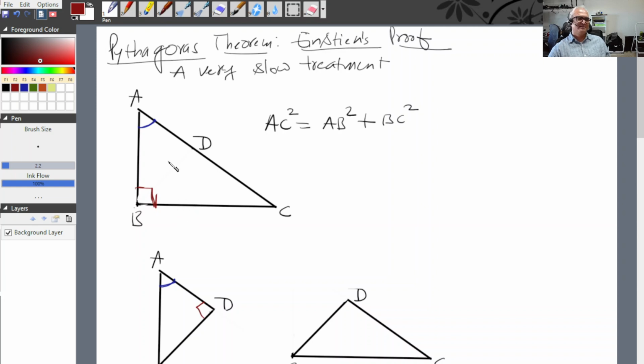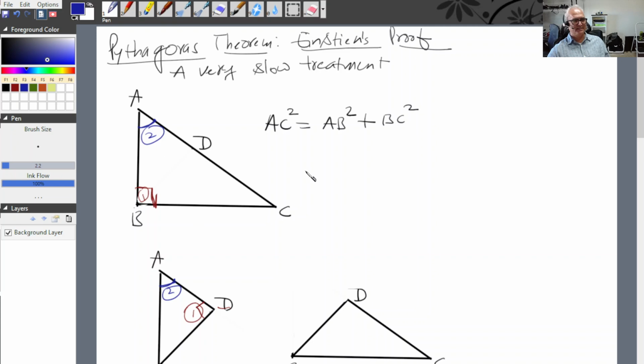So now let's look at the triangle ABC and ABD. You see that angle 1 is angle 1, angle 2 is angle 2.